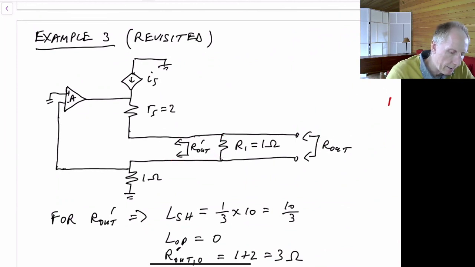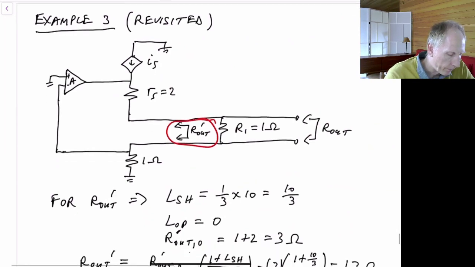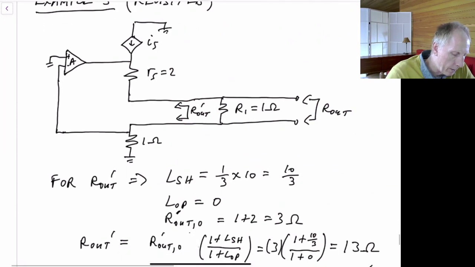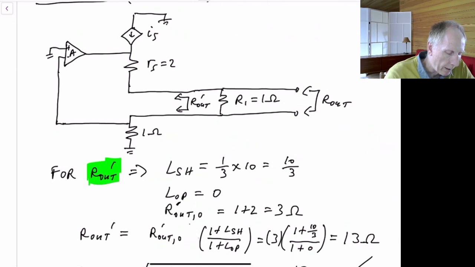So we try to find R out prime first. To find that, we first look at the loop gain when the port is shorted, and that is going to be the gain from here to here.